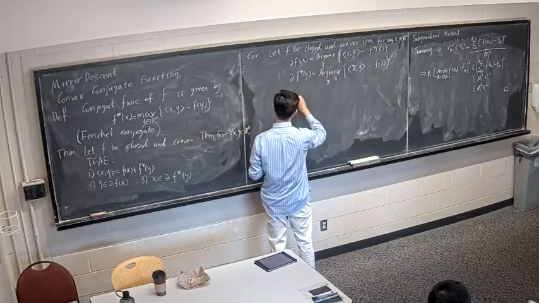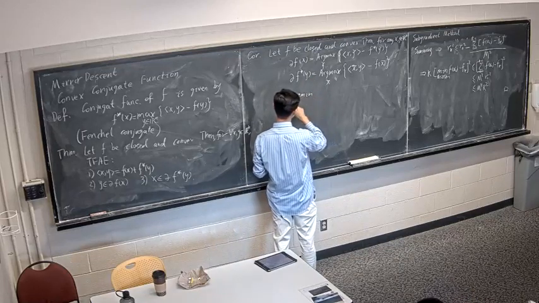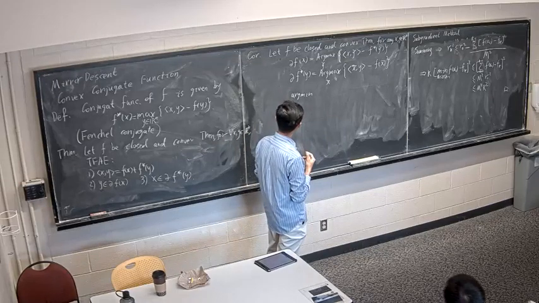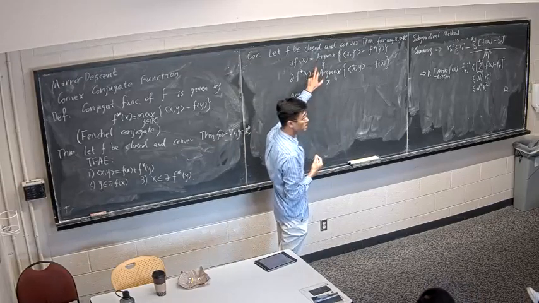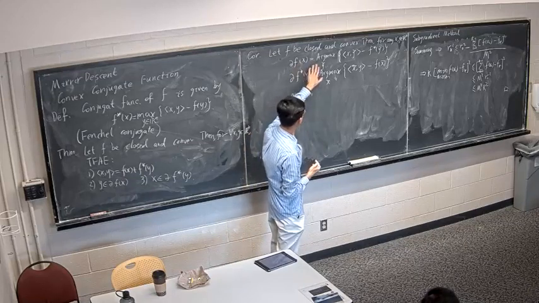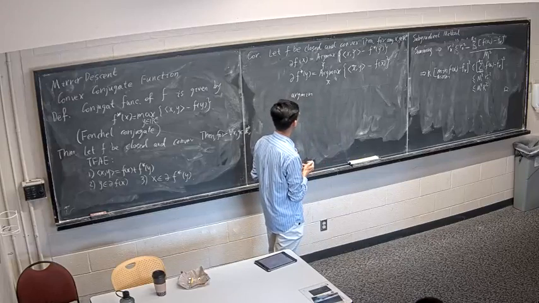Here we don't have arguments. If you use a little argmin or little argmax, it means a particular solution. And if you use a capital A, it means a set, a collection of all the solutions. Because this is a set, this part should also be a set. So we are taking all the possible solutions.